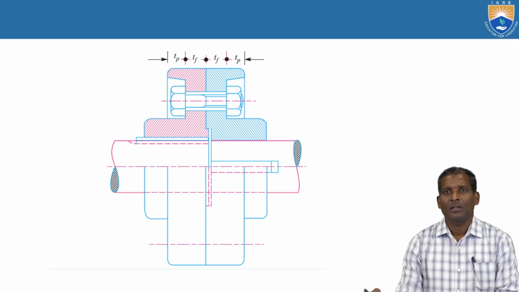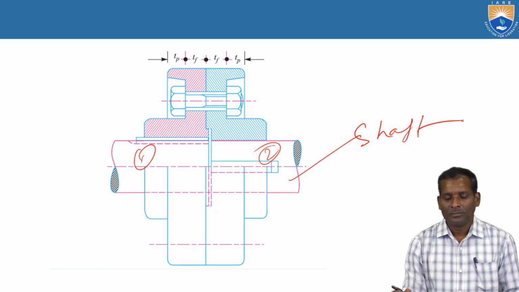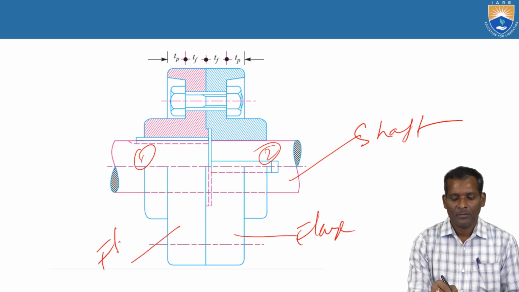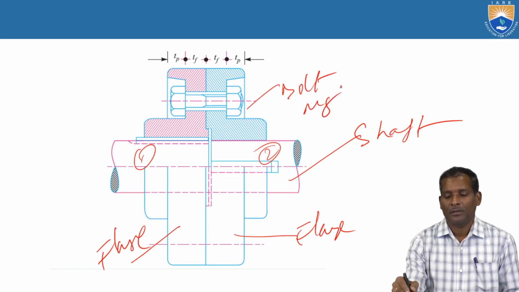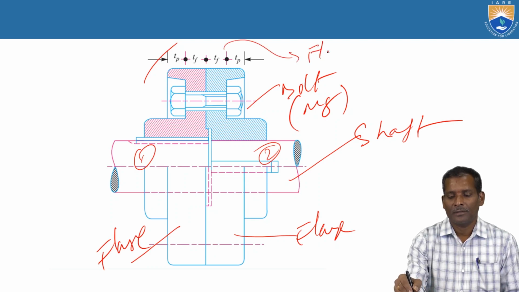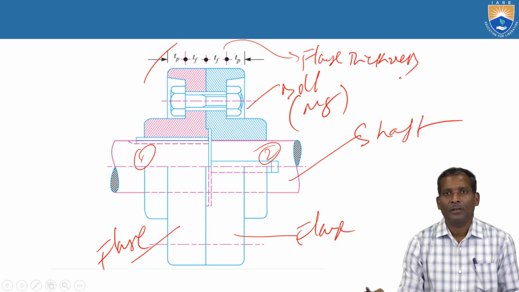In this, the protective type coupling is shown, with shaft 1 and shaft 2, this flange and another flange, bolts, an M8 bolt here, and here the protective cover thickness TP, and TF is the flange thickness.